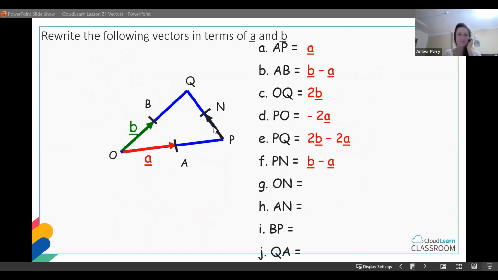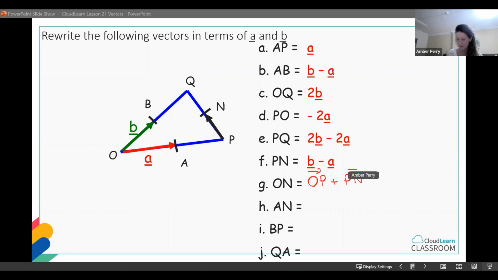Right. So to go to ON is possible now, because I have a vector from O to P and a vector from P to N. Hopefully you can start to see how we're building pathways. I can go from O to N by building OP plus PN.